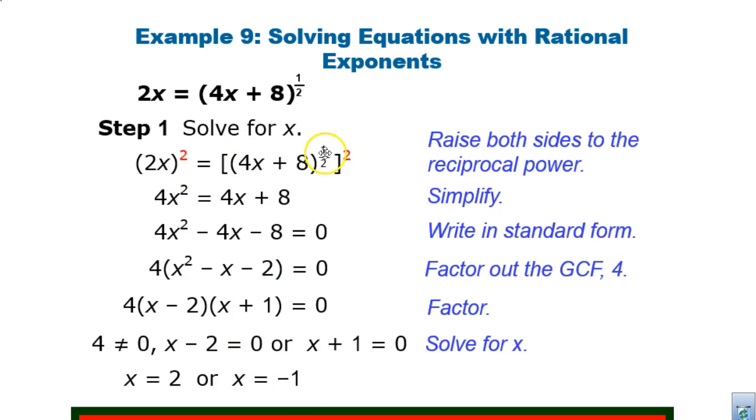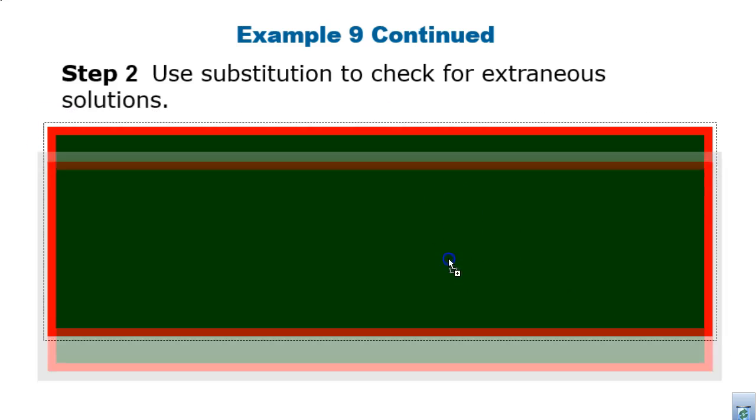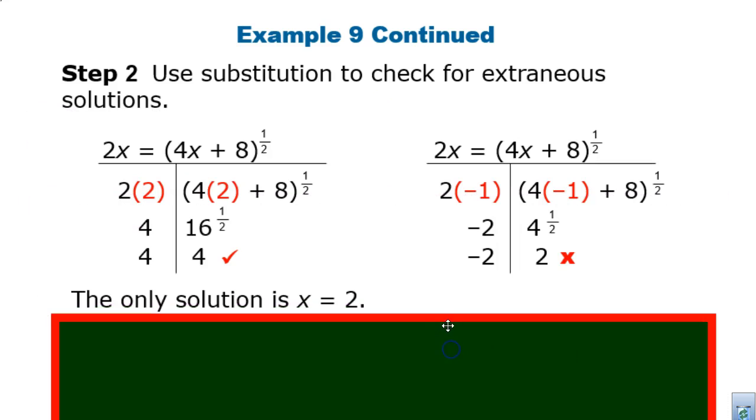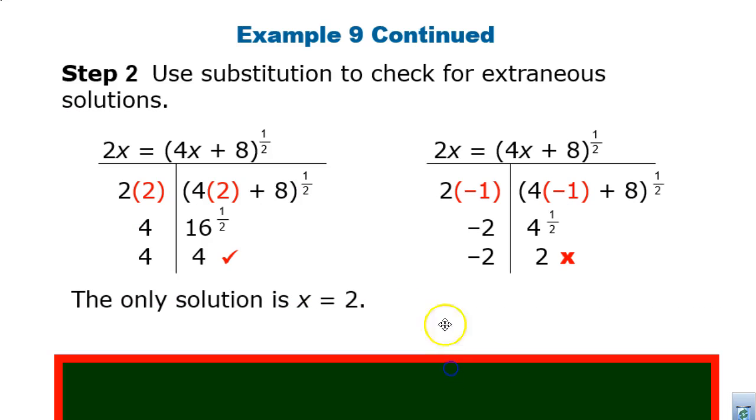Now since I've squared both sides, there is the chance here that there's an extraneous solution. So I need to go back and plug them both into the equation using substitution to check for those extraneous solutions. When I plug in +2, I end up with 4 on the left and 4 on the right.